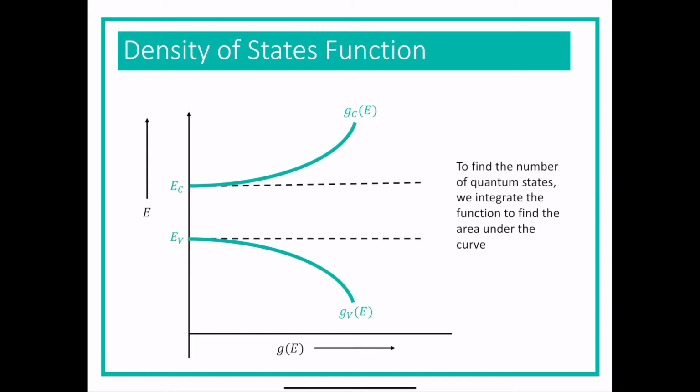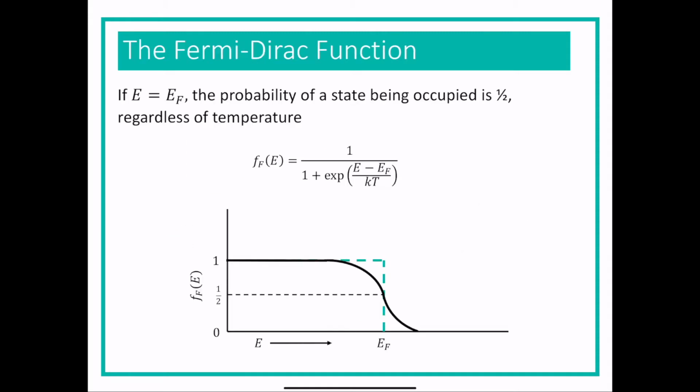And remember, we can integrate under the curve and then we find how many states there are. So that's one function that we learned about before the test. The other thing was the Fermi-Dirac function. And that tells us the probability of a state being occupied depending how far above or below this Fermi energy the system is. What we're going to do is put those two functions together.